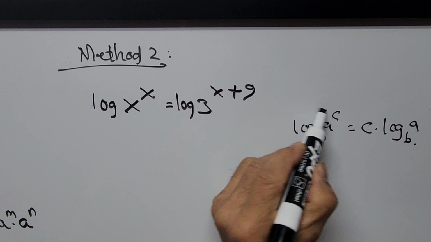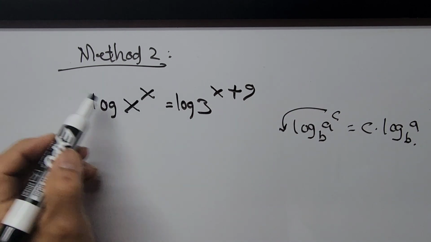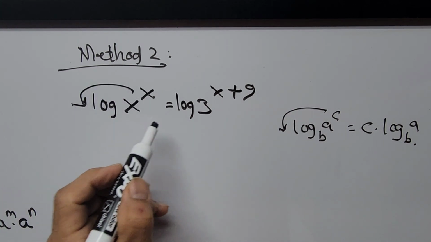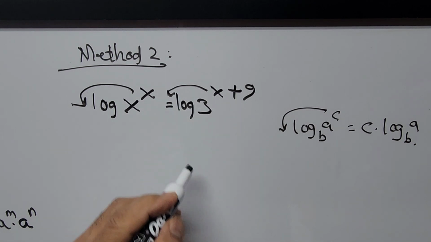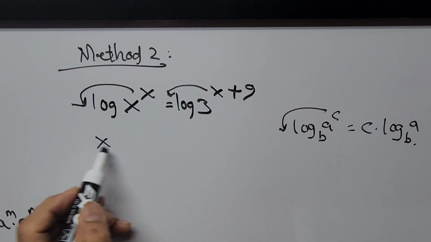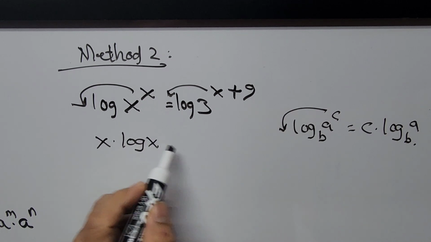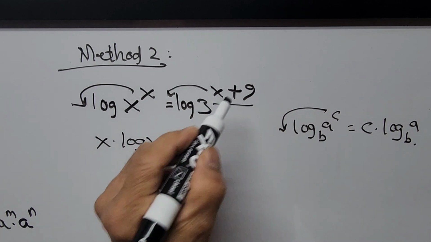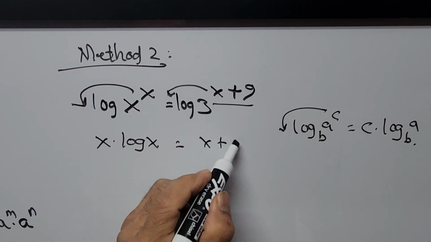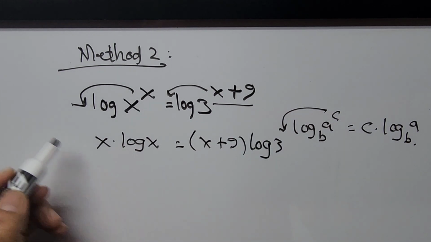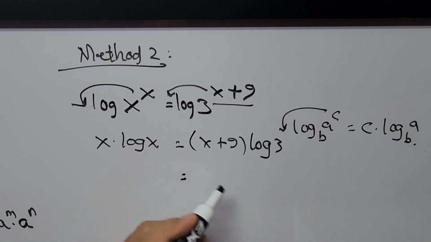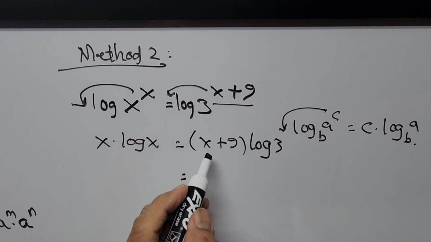It simply means the exponent is going to the front. So here, x going to the front, and the same on the other side. So we now have x times logarithm of x equals the exponent going to the front, so x plus 9 times log of 3.